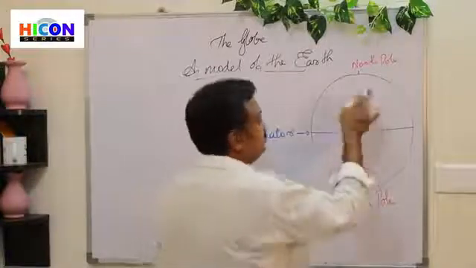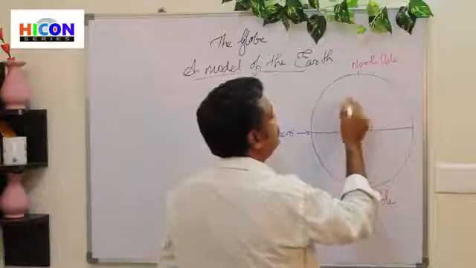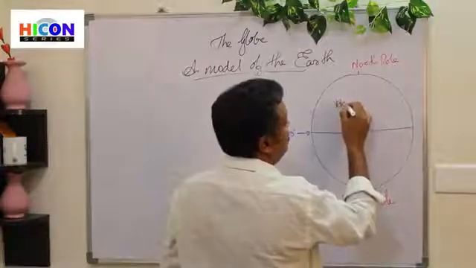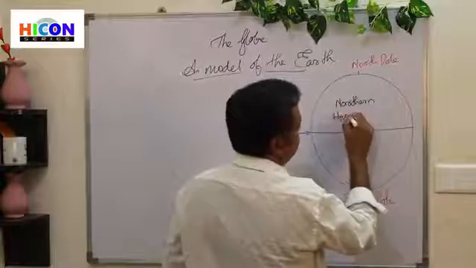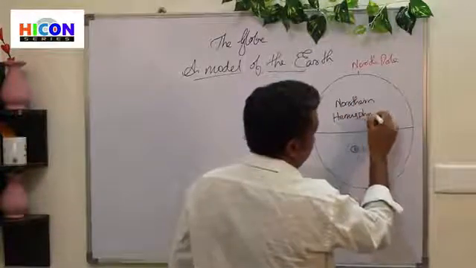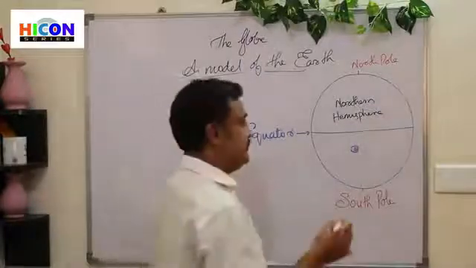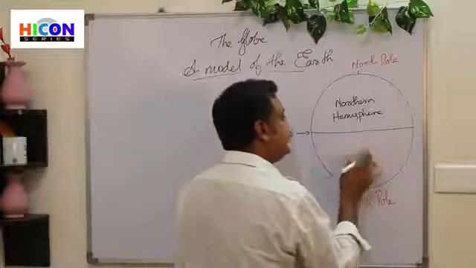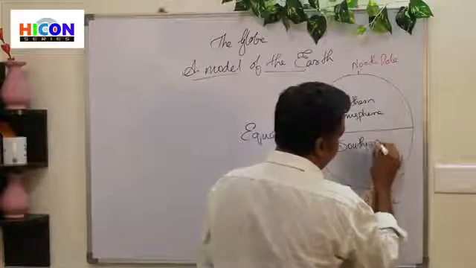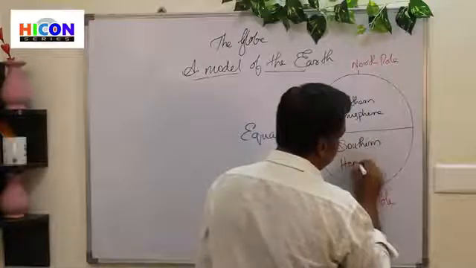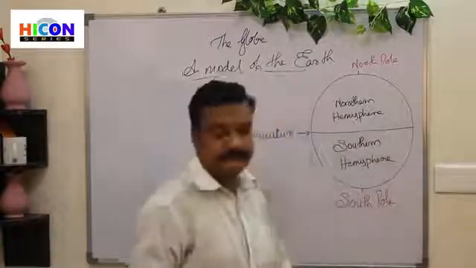As this is to the north of the equator, we call this the northern hemisphere, and this to the south of the equator is called the southern hemisphere.